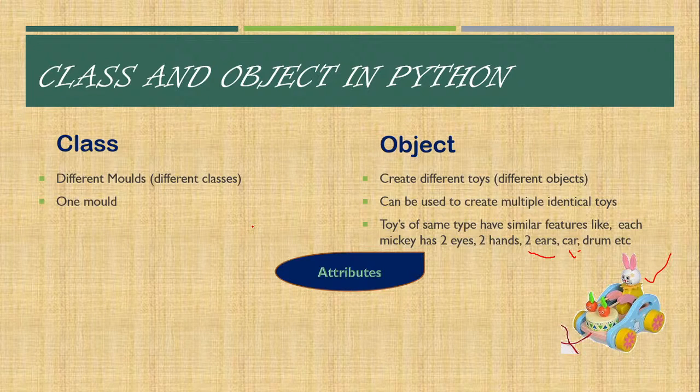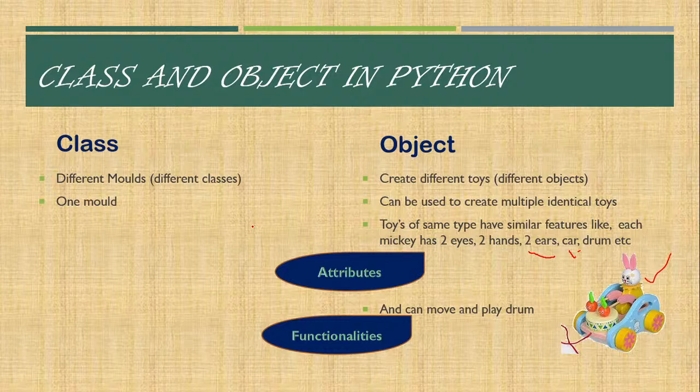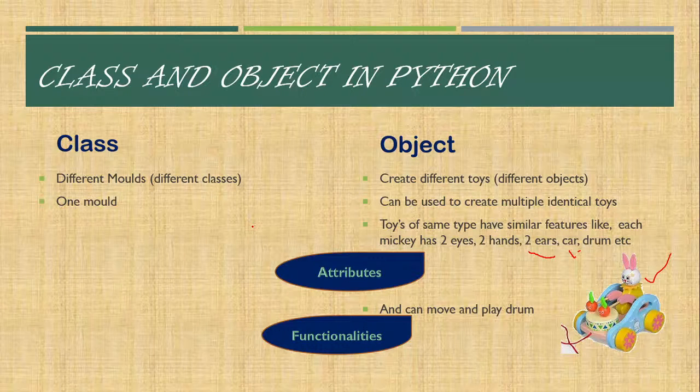There are two main things in any object. The first is the attributes: for a particular object we have different features, and all those features are its attributes.